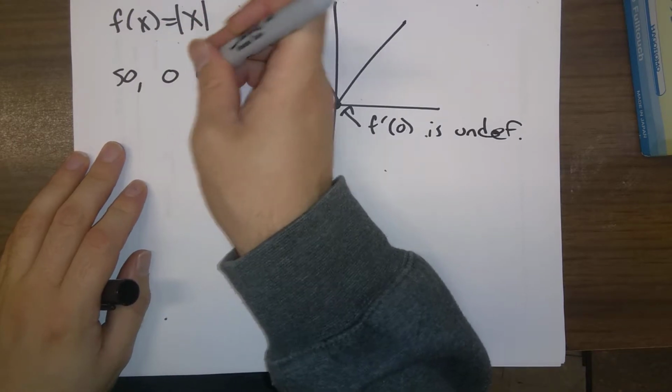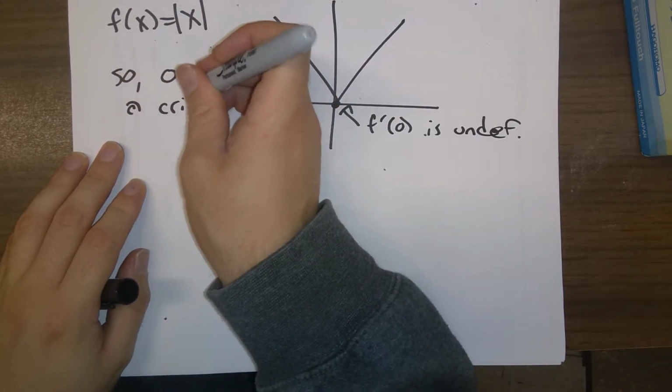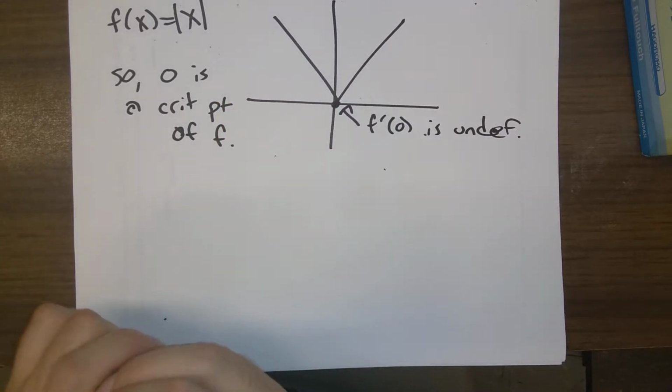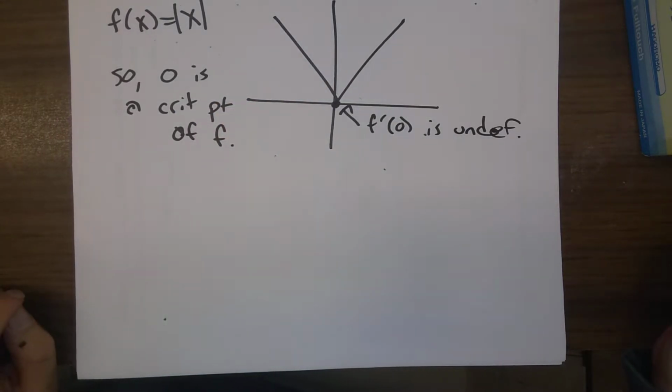So 0 is a critical point of f. So it's important to have this in our pocket that when we think about critical points, we have to think about both when the derivative is equal to 0 or if the derivative is undefined. Most of the time, we'll just be thinking about very nice functions. Everything is nice, the derivative exists, but not always.